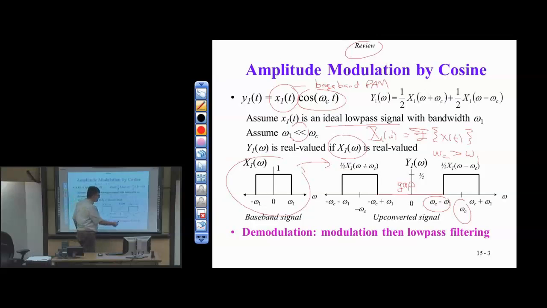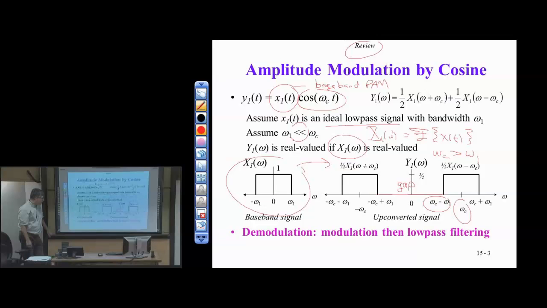So in practice, we'll need omega c not just bigger than omega 1. We'll probably need it more than, say, 10% more, 1.1 times omega 1. We need some room for the transition band. It also depends on the kind of pulse shape that we use. Actually, the pulse shape tells us what omega 1 is, and we need a little bit more room for the roll-off to stop band.